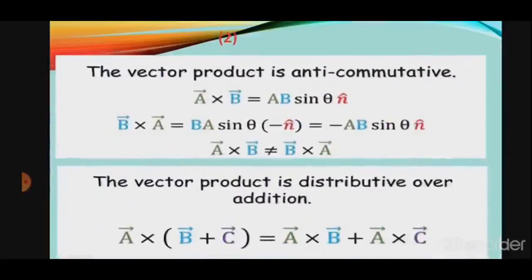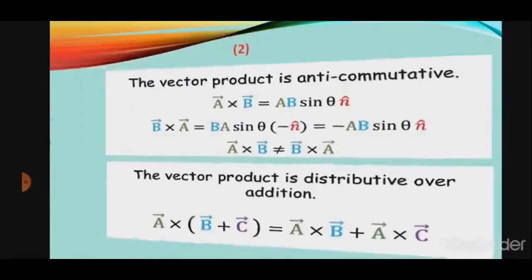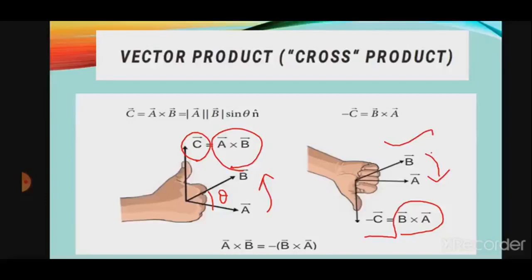Second property, the vector product does not obey the commutative law. Why? See the diagram, the vector product of two vectors. Here this is the positive direction, this is the opposite direction. A vector cross B vector is equal to minus B vector cross A vector. Both have the same magnitude but opposite direction. So this is not commutative.